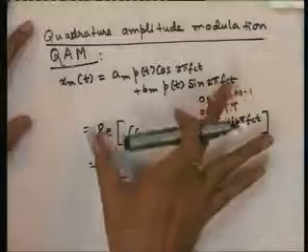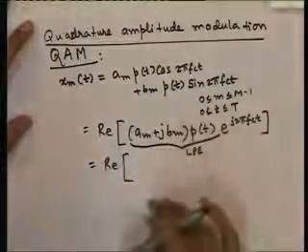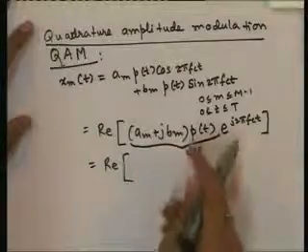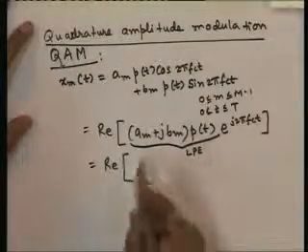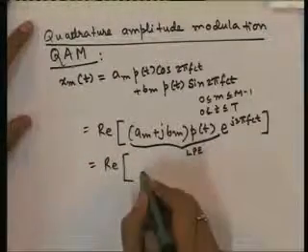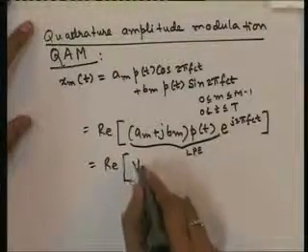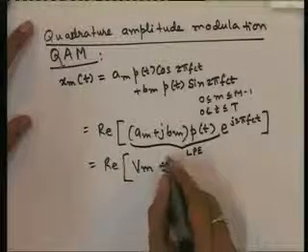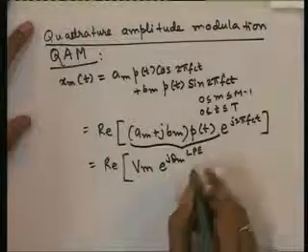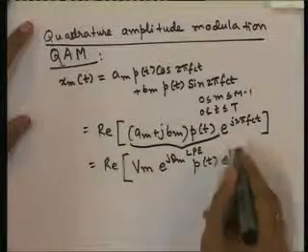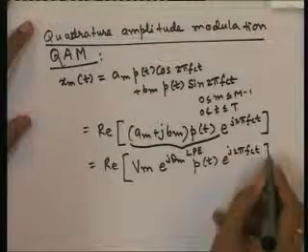This representation is in terms of the low pass equivalent signal, and this low pass equivalent signal is expressed in Cartesian coordinate system, (Am plus jBm) times p(t), but this can be also expressed in the polar form, and that is, let us say, Vm is the magnitude, then e to the power j theta m is the phase, then p(t) e to the power j 2 pi fct.